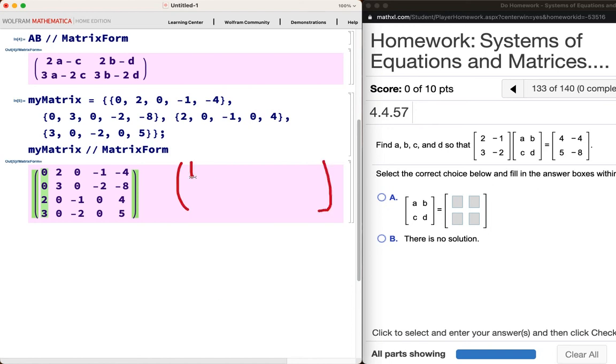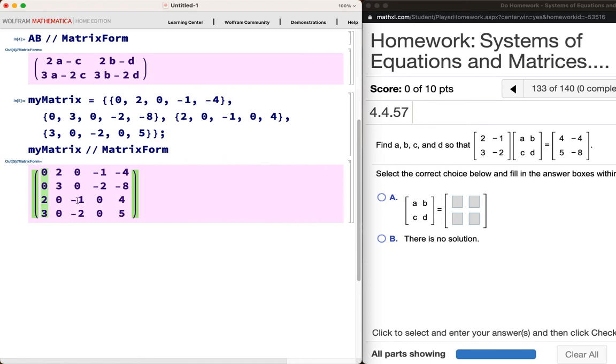I want 1, 0, 0, 0, 0, 1, 0, 0. And then when we're done with those columns, we go to the next column and we have 0, 0, 1, 0, and then 0, 0, 0, 1. And then these numbers will change accordingly, okay?